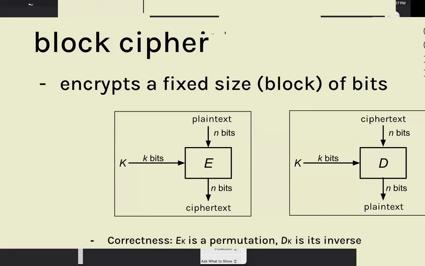Now, let me ask you another question. Let's say k was much smaller than n. Can we cover all possible permutations with the number of possible keys we have? You cannot, right? You can have a much larger plaintext and ciphertext, and the number of keys you have might not allow for all permutations.